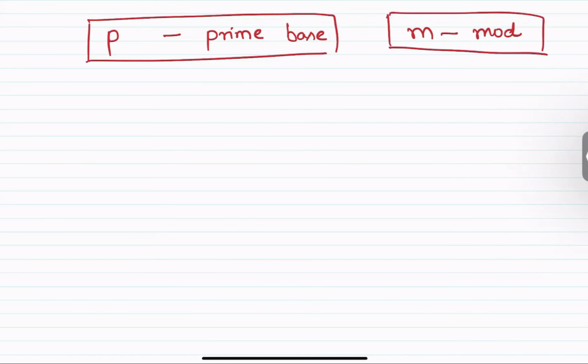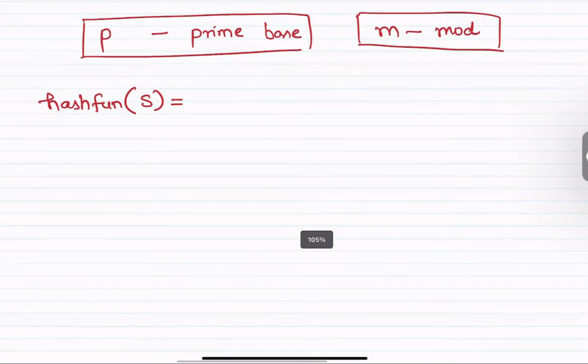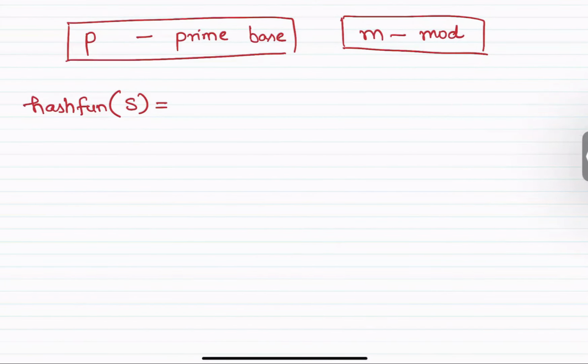And now if we have to define the hash function for a string, and the string is of length n, then S0 will be multiplied with what?